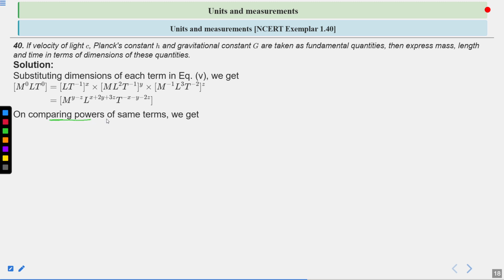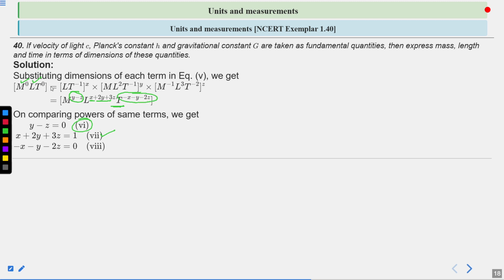On comparing the powers of the same terms, we get y minus z is equal to 0; let this be equation 6. Similarly, x plus 2y plus 3z is equal to 1; let this be equation 7. For T, minus x minus y minus 2z is equal to 0; let this be equation 8.